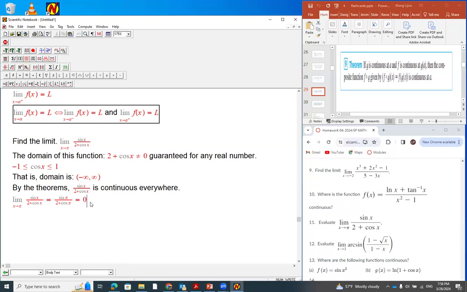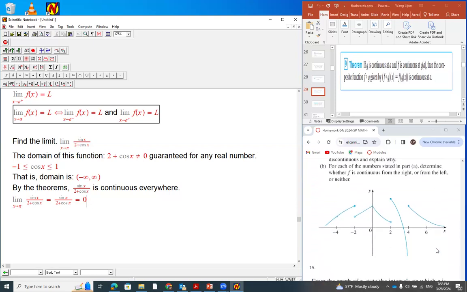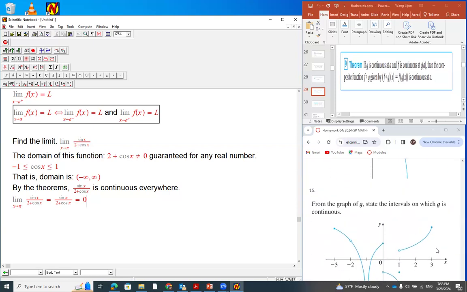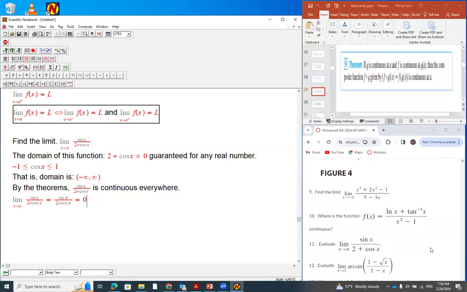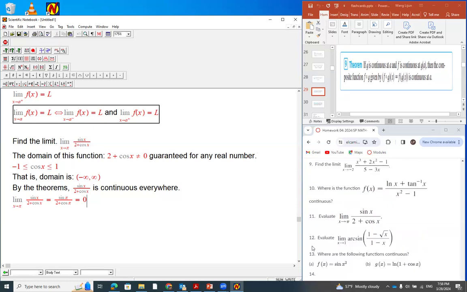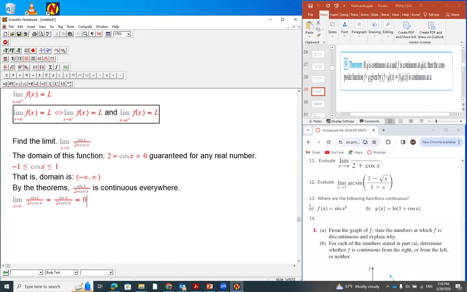I'm sure everybody can do it, but I want you to think from the perspective of our contents. A lot of these questions, like 9, 10, 11, 12, and number 13, are in a similar situation, where you are asked whether the following function is continuous.